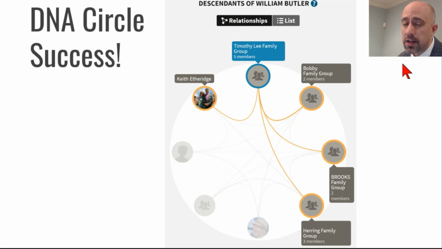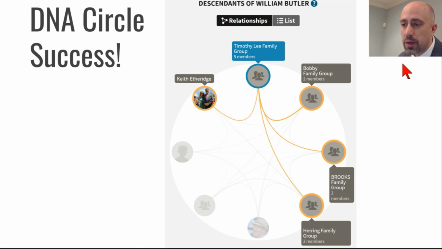And so it could have been there for a good while before I noticed it, and I might not have noticed it for a good while longer, but I was contacted by a member of this DNA circle, a very thorough genealogist, a distant cousin named Keith Etheridge, who's given me permission to mention him in this discussion. And because he contacted my sister's account, and because I managed that account, this DNA circle did eventually come to my attention.